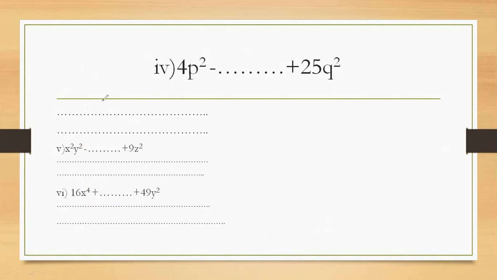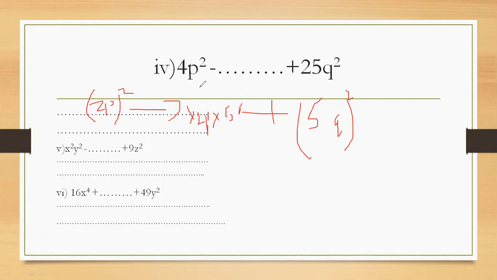So here we have 2p whole square, and minus, the last is 5q whole square, and in the middle we have to write 2ab, 2 into 2p into 5q. 2 2s are 4, 4 5s are 20pq. We fill in 20pq here. Okay, children. Similarly, we can do the other questions also.